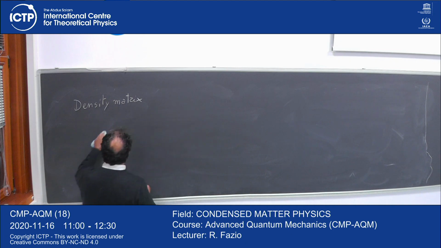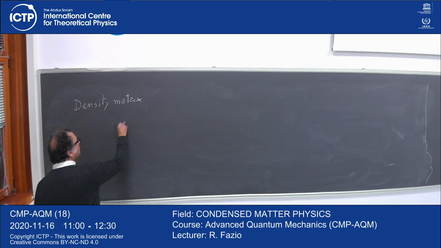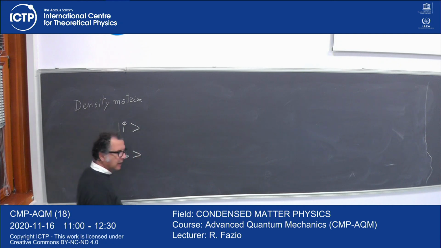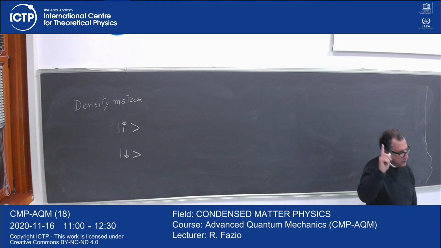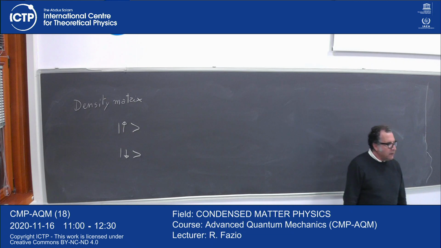I keep considering a spin 1/2, so we'll just use up and down as the basis, okay? The eigenstates of the spin along a given axis, the z direction.